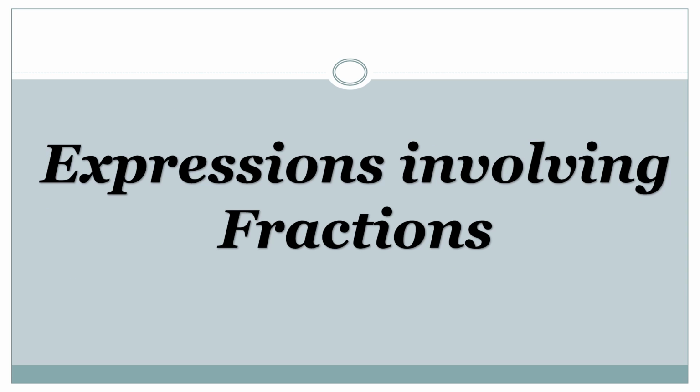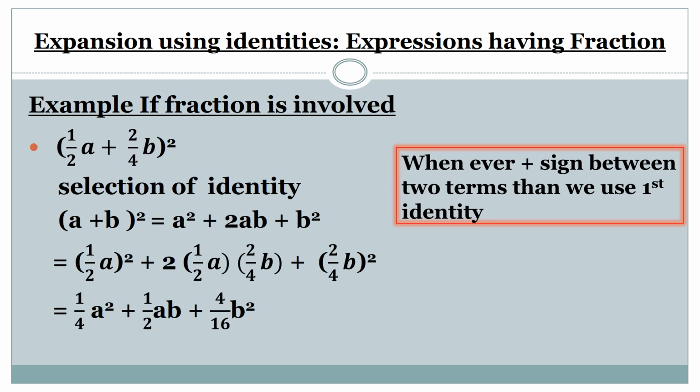Now students, we are moving towards our second step, which is totally similar to the first step in terms of identities, but the only difference is that in this step the expressions involve at least one fraction, or the terms are both in fraction form. Now students, I take the example (1 by 2a plus 2 by 4b) whole square.